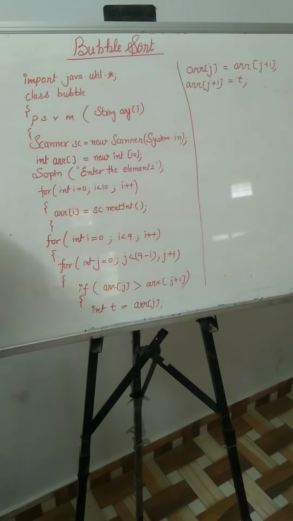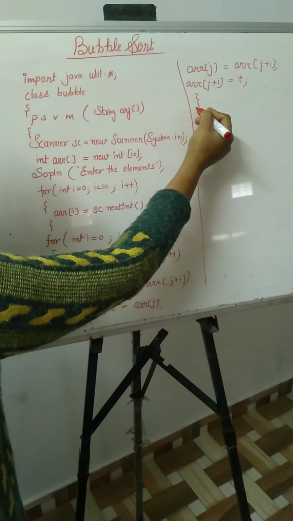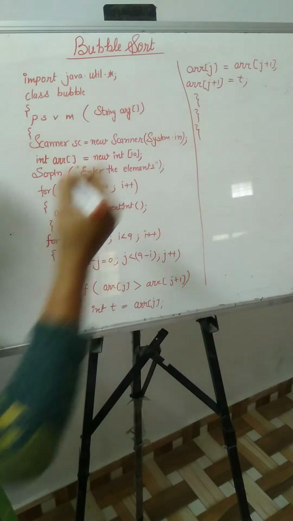After this, we close the if block, we close the inner for loop, and we close the outer for loop.